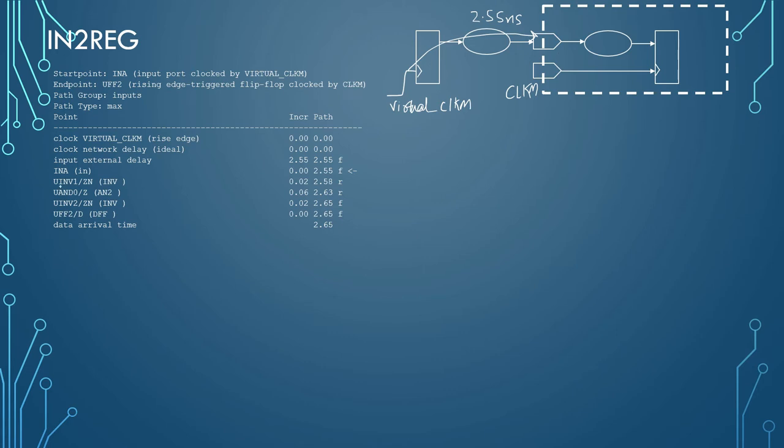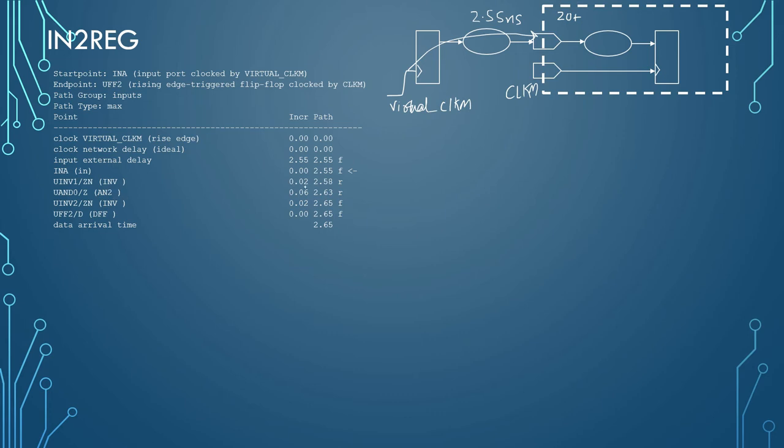Now the inverter is there in the combo logic. So this is your combo logic. Let's write the total combo logic delay. First, the inverter delay is 0.02 nanoseconds, that would be around 20 picoseconds. Then there is an AND2 cell, which by name looks like an AND.